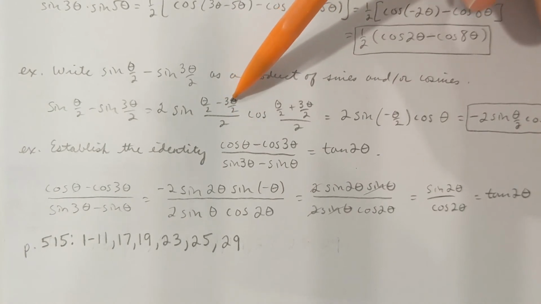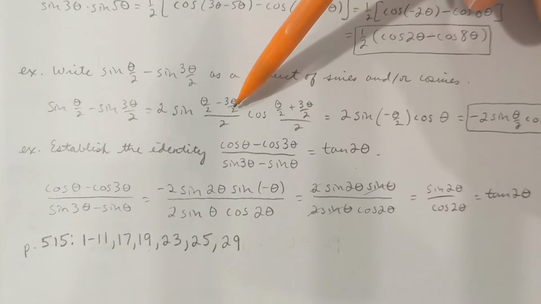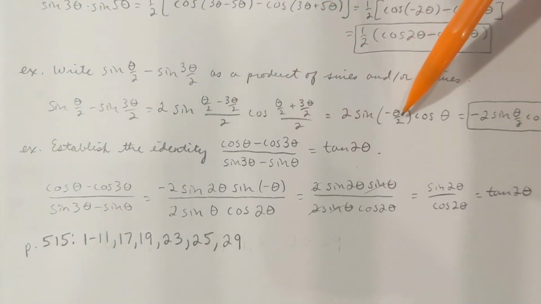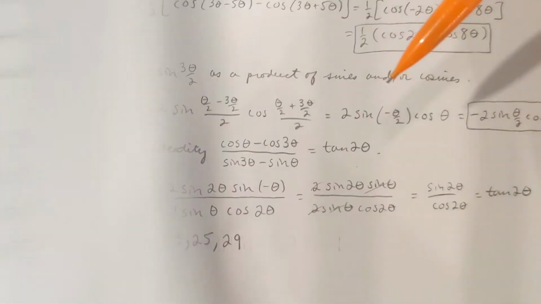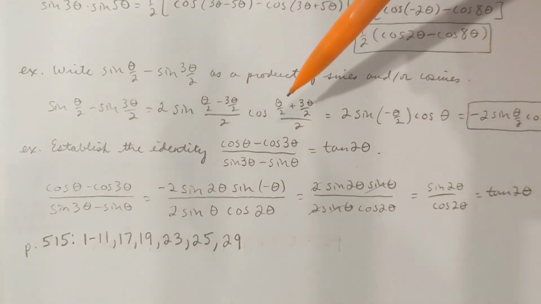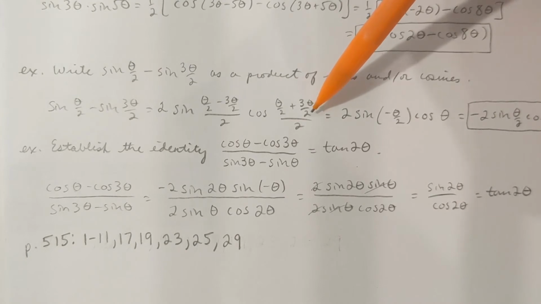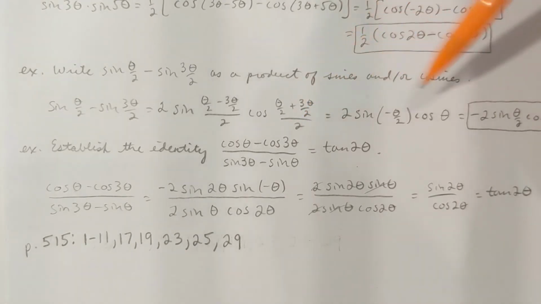That'd be negative 2 theta over 2, which is negative theta, divided by 2, times cosine of, add the angles and divide by 2, so theta over 2 plus 3 theta over 2 is 4 theta over 2, or 2 theta, divided by 2 would be theta.